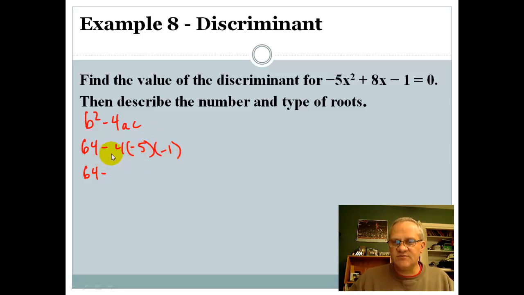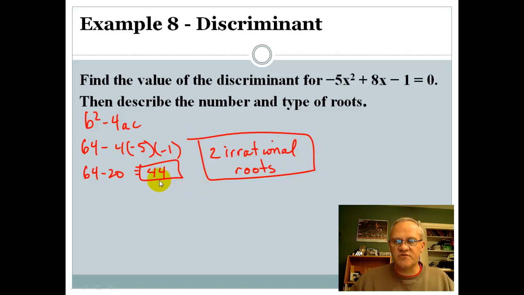So a negative times a negative is a positive 20, and then 20 times a negative 1 is minus 20. So this would come out to be 44. If the discriminant is 44, it's positive, so it's not complex or imaginary. Is it a perfect square? It's not a perfect square. So this would be where we would have to say that there are 2 roots, but they're irrational. 2 irrational roots.